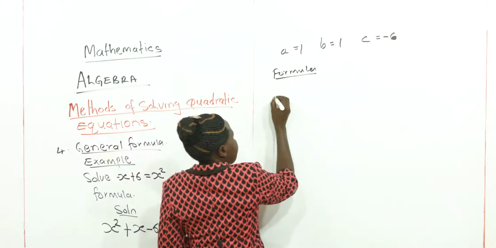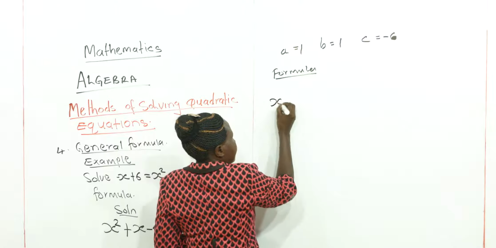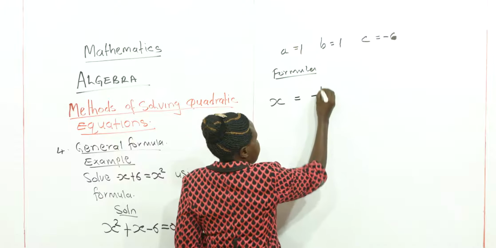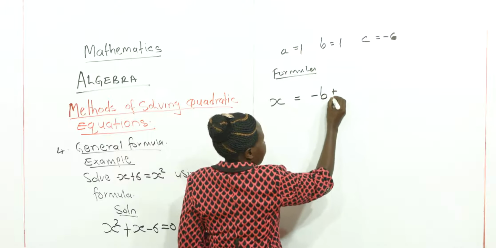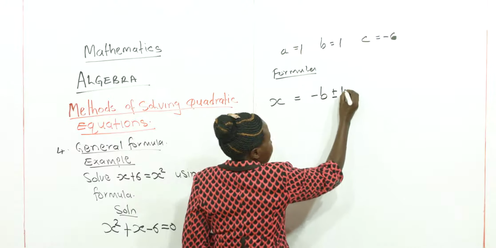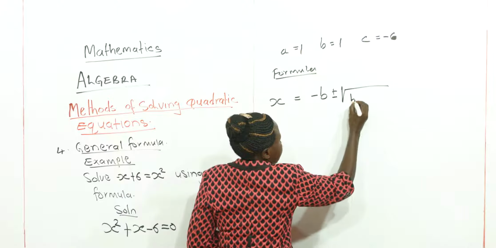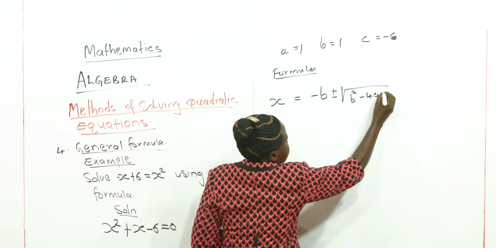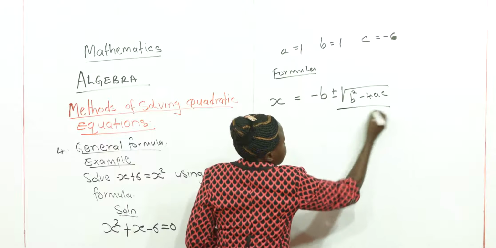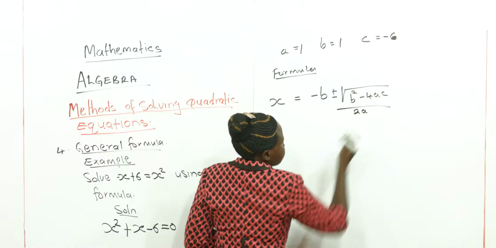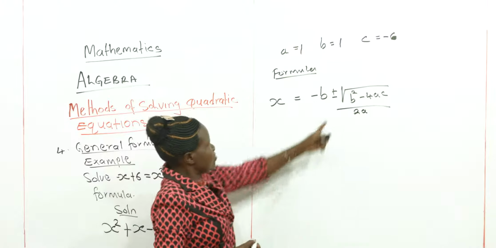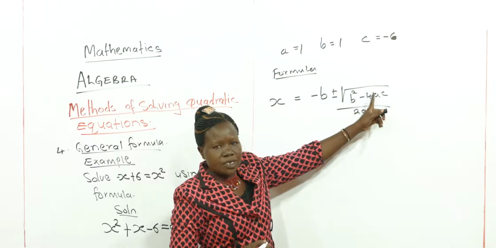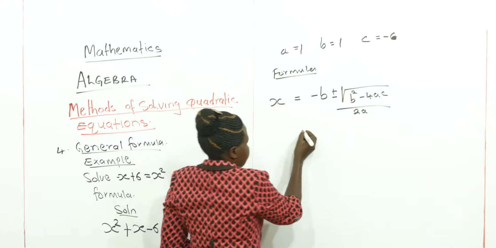So our formula, yesterday we said it is x equals to minus b plus or minus a root of b squared minus 4ac, all divided by 2a. Since now we have known the values of these letters, we can easily substitute them.